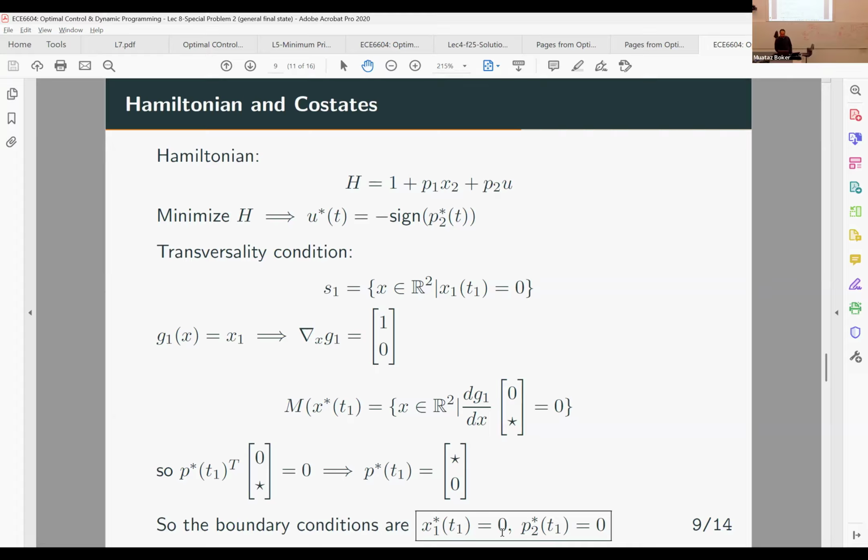X1 star at T1 is equal to 0, and P2 star of T1 has to be equal to 0. That's it. Once I found the boundary condition, now it's just exactly the same as before. Instead of X2 star at T1, now I have P2 star at T1.